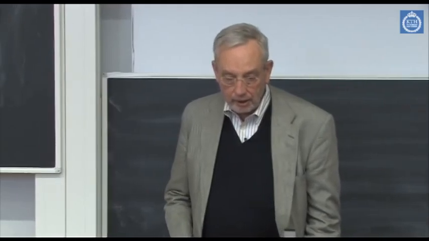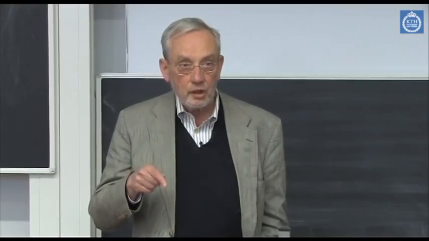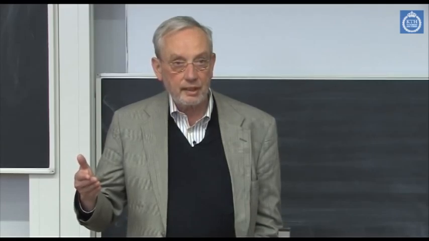And so thinking of this metric, then I'm going to make information acquisition be my search metric, the metric that determines for me which way to go in the decision of exploitation versus exploration. Should I continue to map a certain region and find more nearby level contours, or should I go off and explore someplace else?